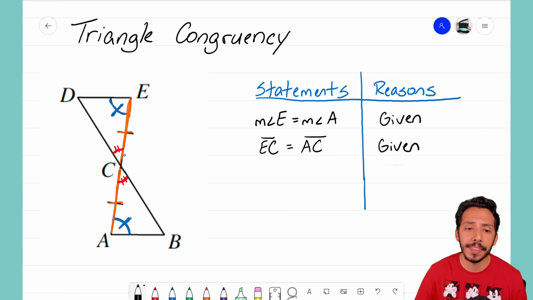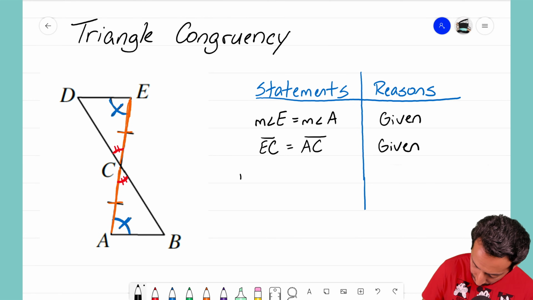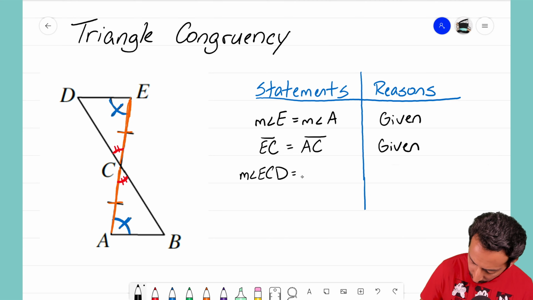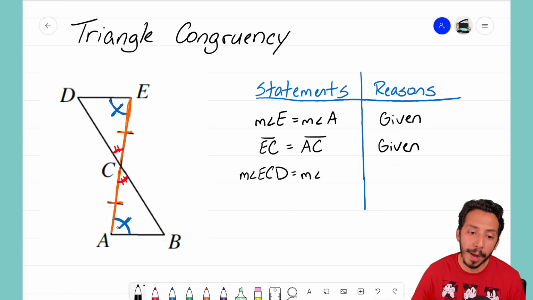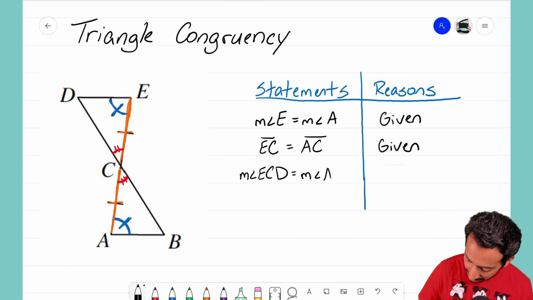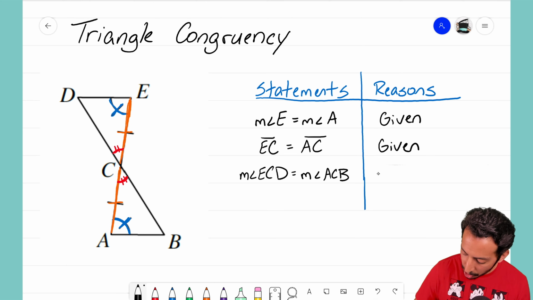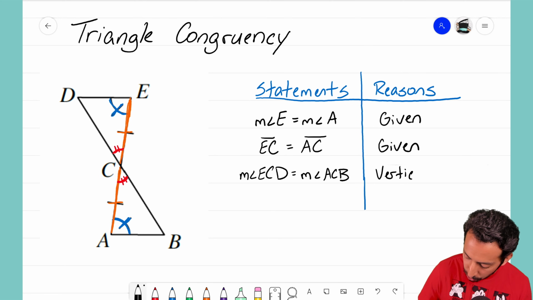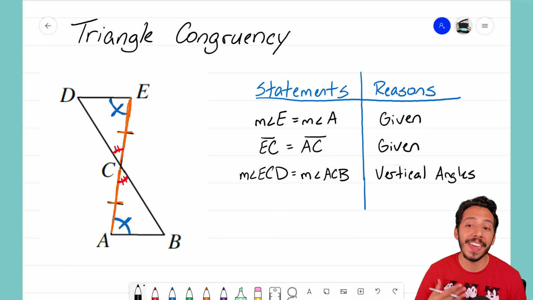Remember, you trace the angle. So I know that the measure of angle ECD equals the measure of the bottom angle, ACB. How did I know that? Well, I knew that because of vertical angles. They were vertical angles, so of course they have to be congruent.